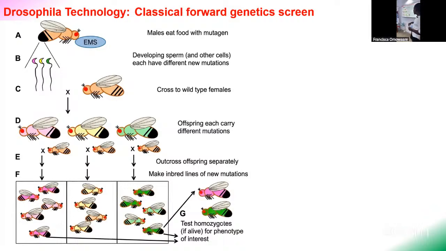Ideally, people will start with the white-eyed animal or even the red-eyed animal, and you're going to be picking individual animals. Is that okay? You're going to be figuring out if that animal is carrying your mutant. Some of them won't, some of them will.